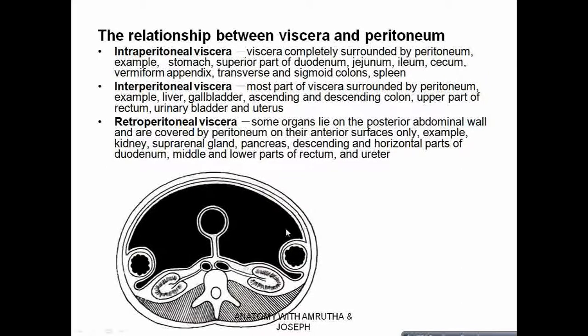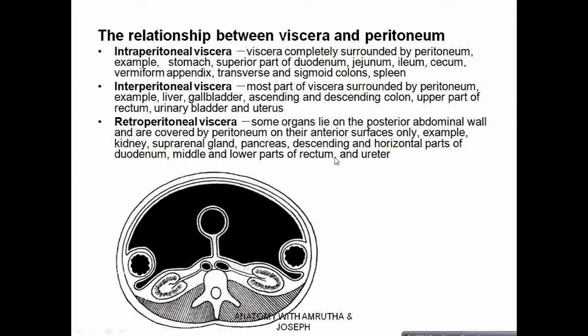Now there is another group of organs which are present on the posterior abdominal wall. They don't go deeper into the peritoneum like this and this. So only their anterior aspect is covered by the peritoneum, but the majority of the other area of these organs is not covered by peritoneum.